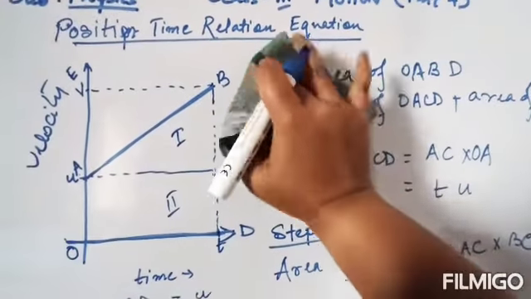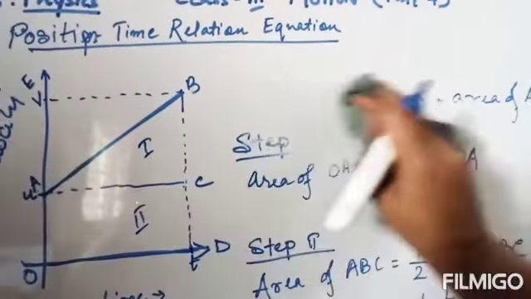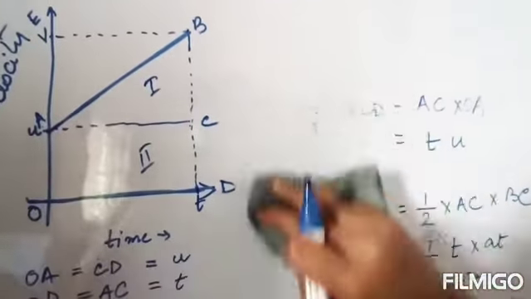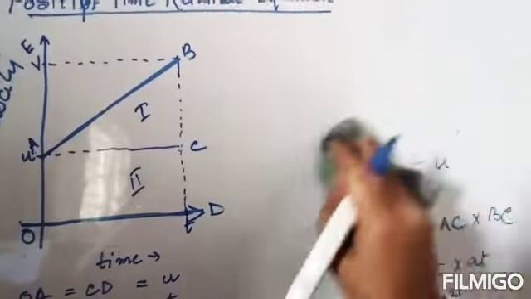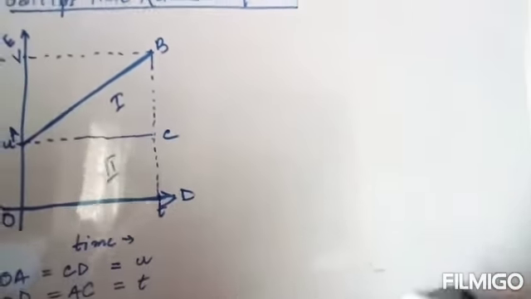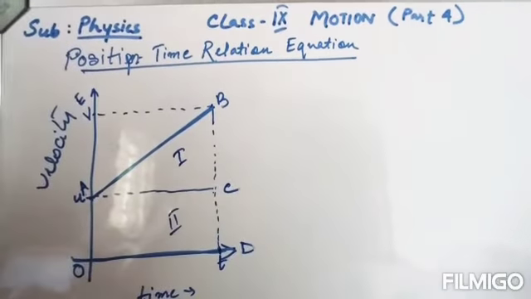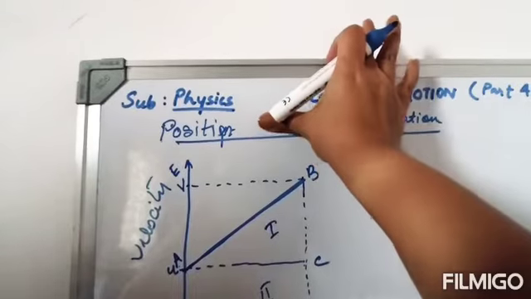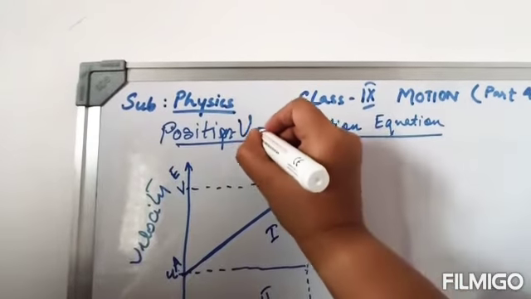Now we will be talking about the last equation of motion, which is also known as position velocity relation equation. Instead of position time it will be position velocity.